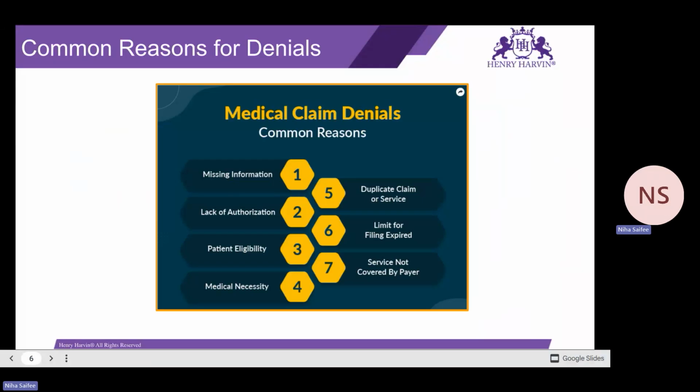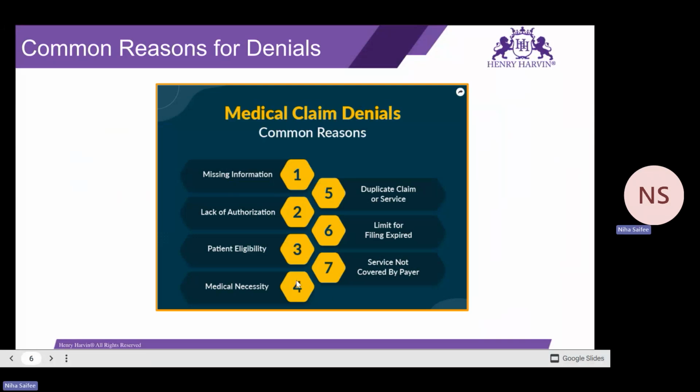If the patient's eligibility is not checked, you have done the charting and the coding, and it is sent for claim submission, and then they realize that this patient does not have a valid insurance. Then again it will be denied.